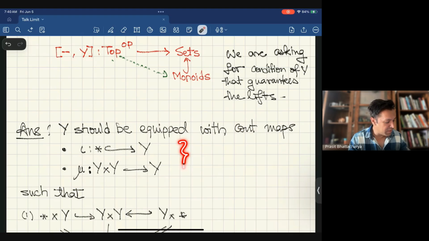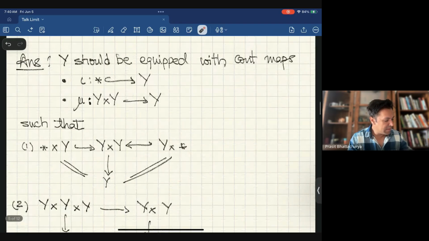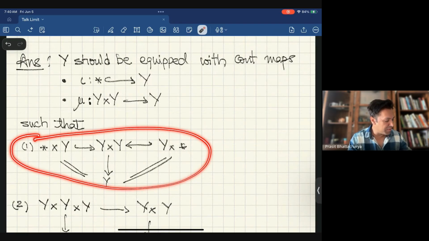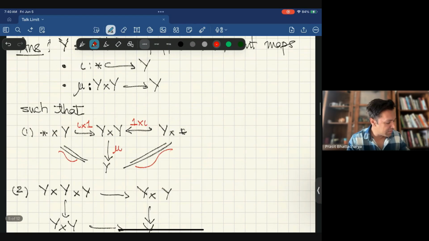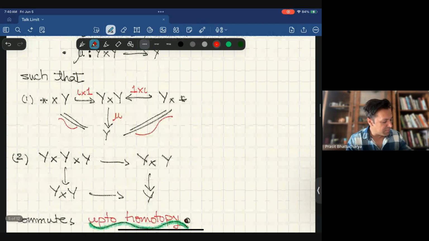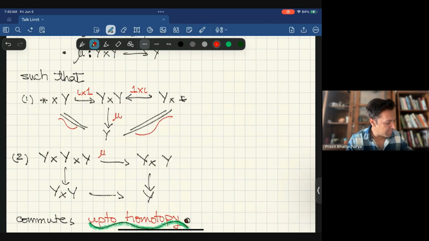Note that these have to be continuous maps because y is a topological space, such that you have this diagram commuting, where you take the unit to define the horizontal maps, and these are the canonical isomorphisms, and this is the multiplication, and it must satisfy some associativity diagram.